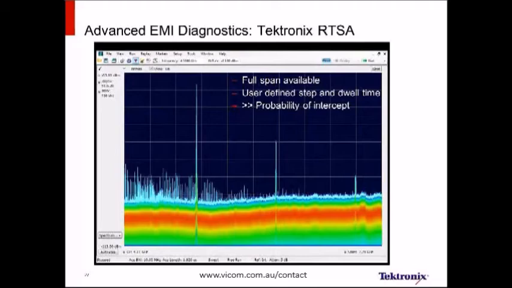So if I wished, I could dwell for 100 milliseconds, 200 milliseconds, and then stitch this data together like you see right here. The probability of intercept is extremely high on a step-by-step basis, which means that my probability of intercept over that complete span is much greater than a regular swept tune spectrum analyzer.